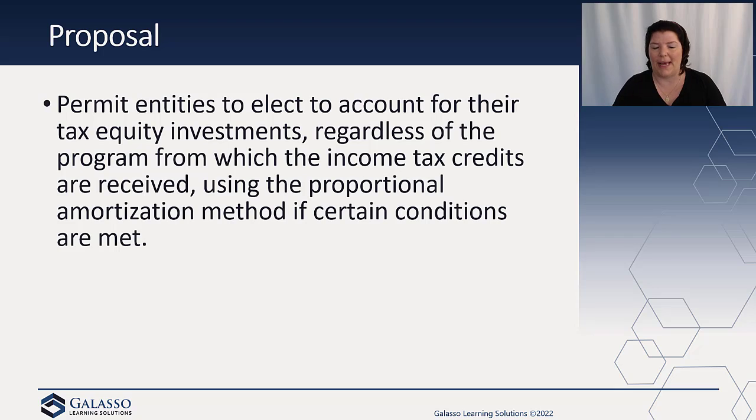And so as a result, they think it's going to give a better understanding of the impact, right? The returns on the investment, because again, it's not using the cost method or the equity method of accounting. And so because of the limitations, people came back and asked the board to extend the current opportunity for the proportional amortization method to other tax equity investments that generate income tax credits through other programs. And that's exactly what happens here.